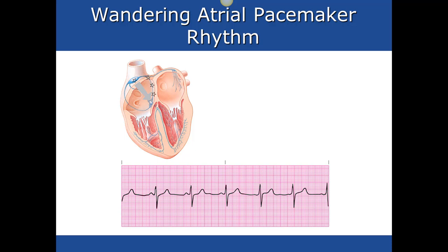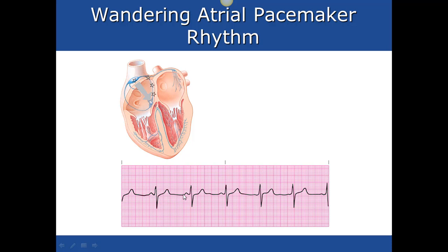So as we look at this one, let's break through it. We can see that our rate is about 60. The rhythm is regular. There are P waves. They are present and upright. However, we see P waves that look different. This one looks like a regular P wave.